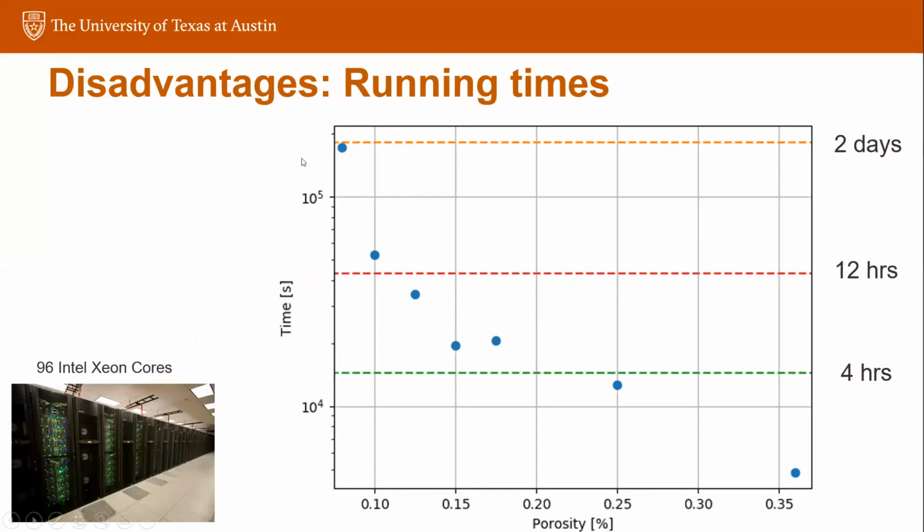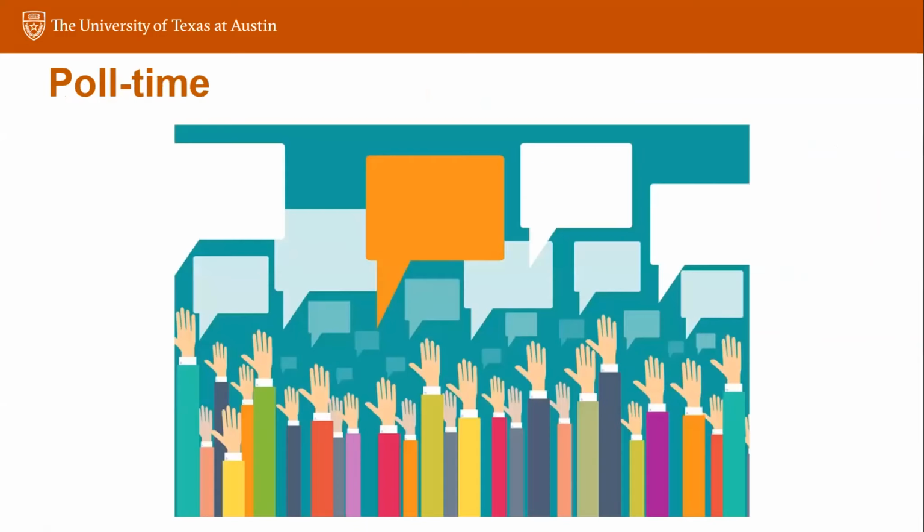But for a very intricate, compact sample, it can take up to 2 days running almost in 100 cores, because the more tortuous and heterogeneous the sample is, the more difficult it is for the lattice-Boltzmann method to achieve convergence. This is one of the main problems that makes it hard to deploy it as an industrial workflow.